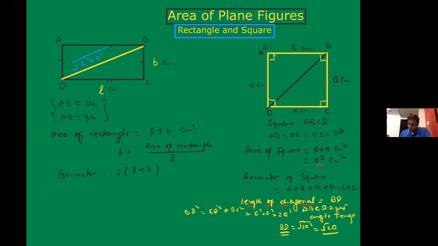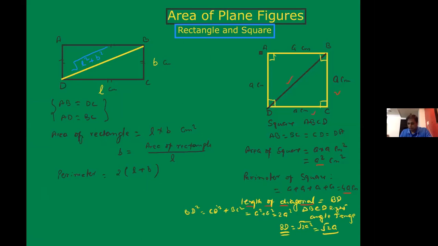Now the length of the diagonal we can find through the Pythagoras theorem: BD in the right angle triangle BCD. So BD square equal to CD square plus BC square. BD square equal to a square plus a square, since CD is a and BC is also a.